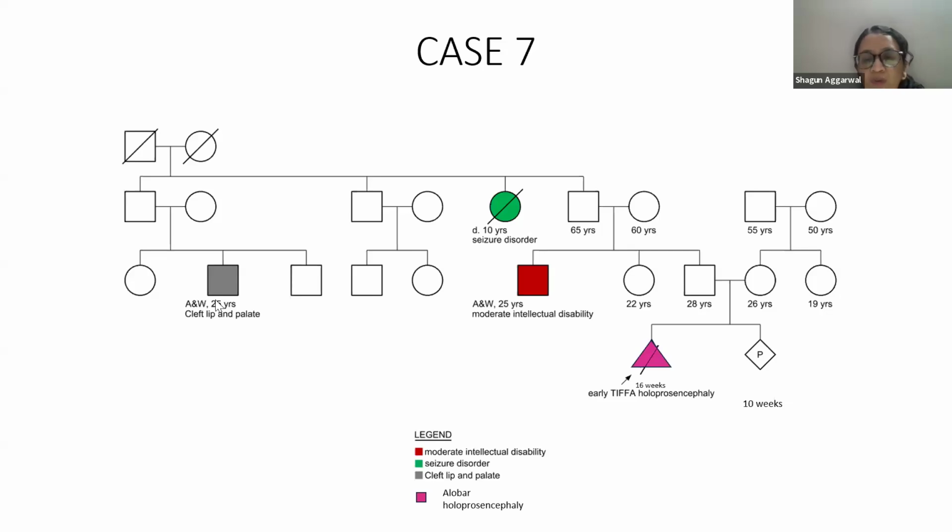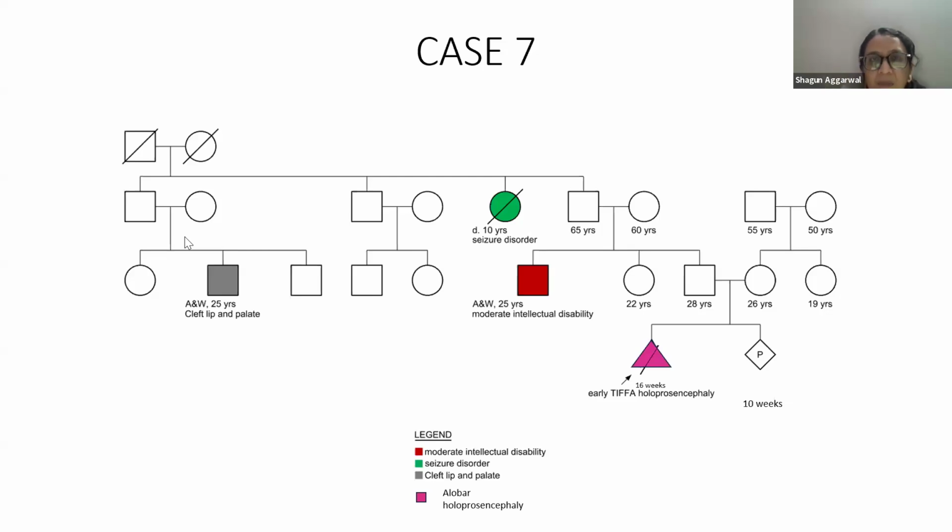And try to see these microforms of holoprosencephaly, which are nothing but subtle facial features like hypotelorism, that is, the eyeballs are placed closer together than usual, or you could have a single central incisor. The central incisors, instead of being two, are single. So basically they are fused. Some people may also give you a history of a repaired cleft, or you could see some unusual nose shape or eye appearance.